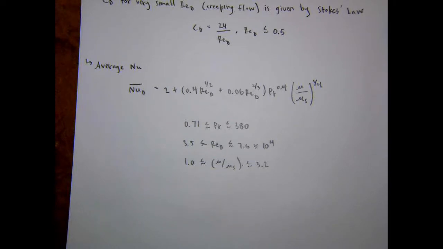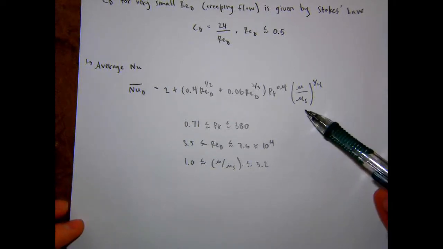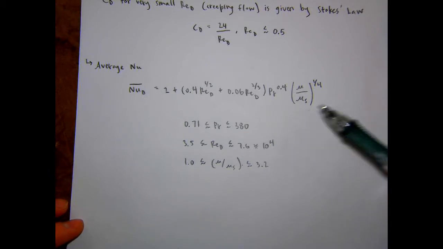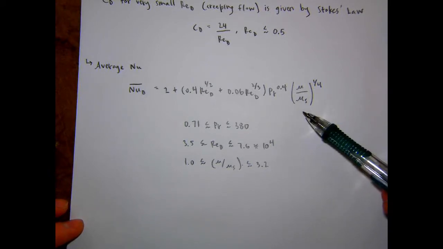The other way of dealing with that is to have this ratio of either viscosities or Prandtl numbers tacked on to the empirical correlation. And this is the only empirical correlation, at least so far, that we've introduced that uses this method instead of the film temperature.